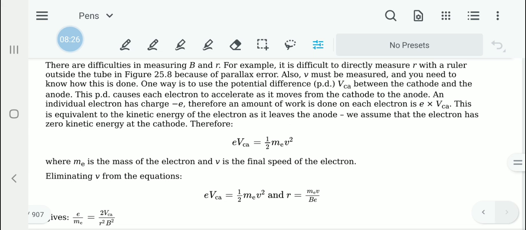Then we can take, therefore, eVCA equals half me v squared. me is the mass of an electron, v is the final speed of the electron.